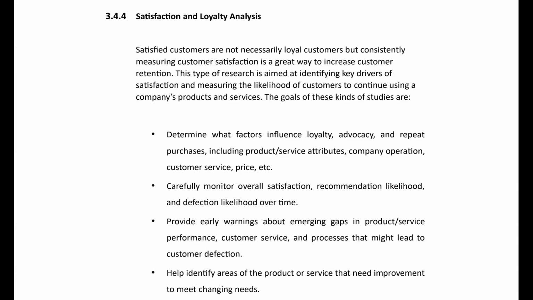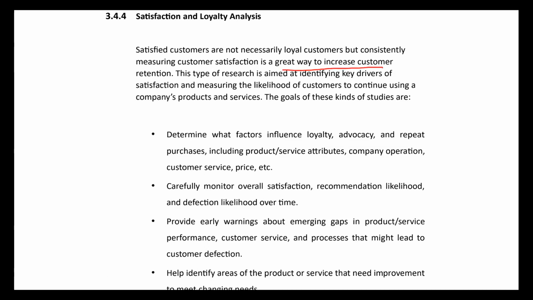In as much as you would want to have new customers, it is also important that you retain the already existing customers. And for you to retain them, you need to keep on satisfying them.